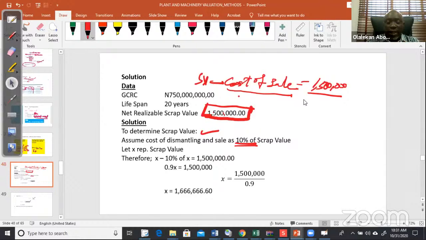So let X represent your scrap value. X, minus cost of sales, gives you 1,500,000. Don't forget that the cost of sales is 10%, which means minus 0.1X.